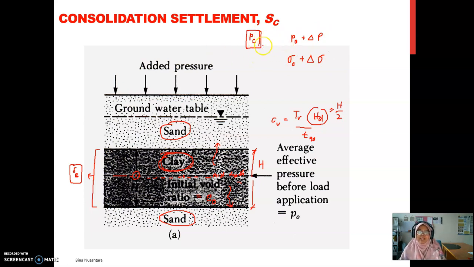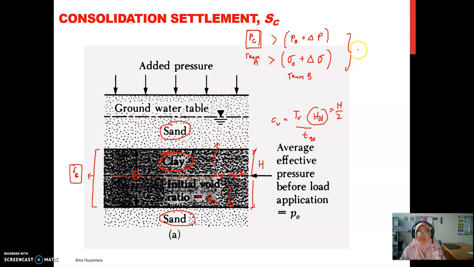Let's say I name this as team A and team B. If team A is bigger than team B, usually it is an over consolidated soil.